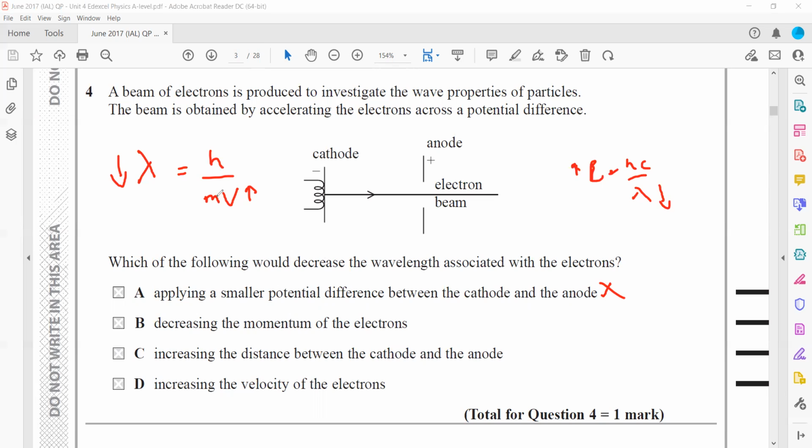Increasing the distance between cathode and anode does not help, as it will even slow down the electron, which has to travel a longer distance. Increasing the velocity means increasing the momentum or energy, which reduces the wavelength. So if the particle is moving at high speed, it will have a shorter wavelength.